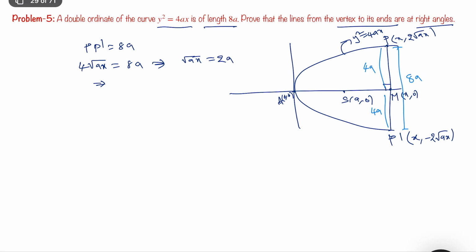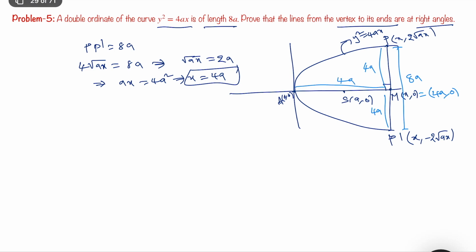If I square both sides, then I will have ax = 4a², then we have x = 4a. So this x coordinate must be 4a. It's going to be (4a, 0). So this AM is also going to be 4a.